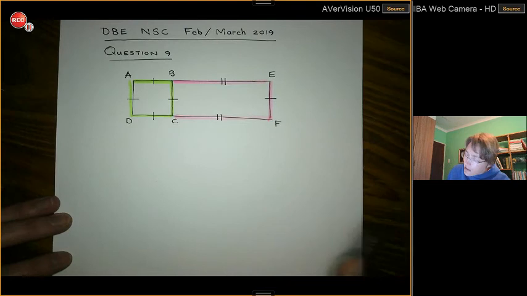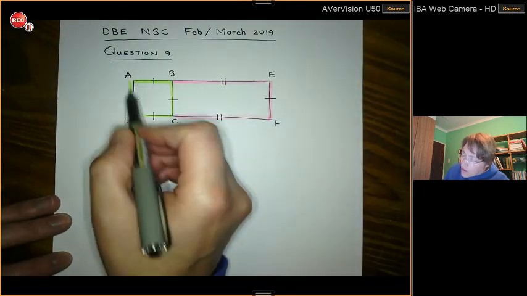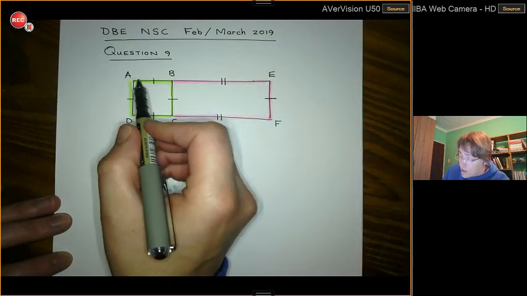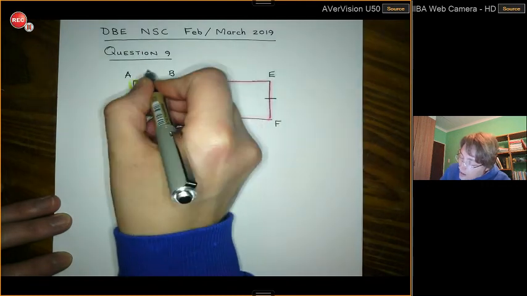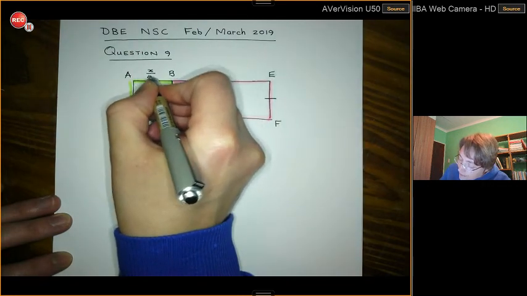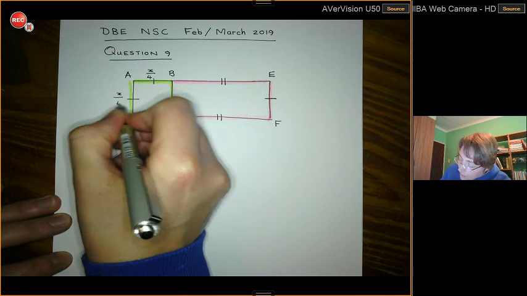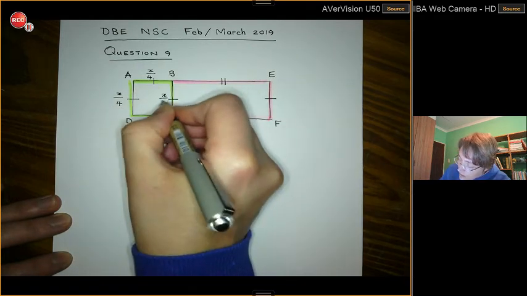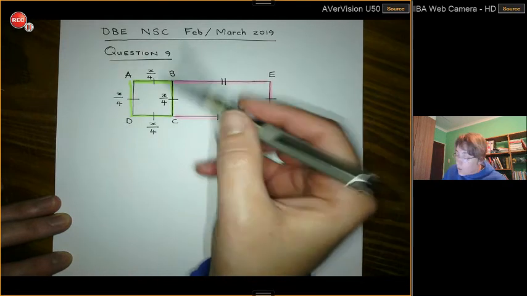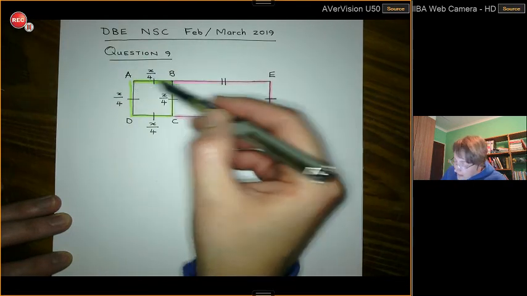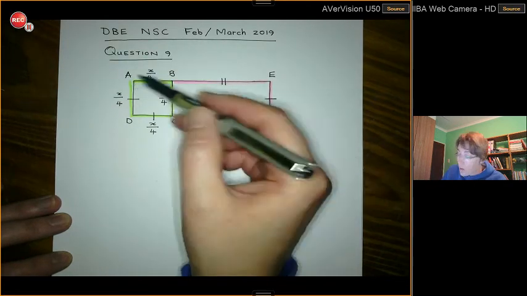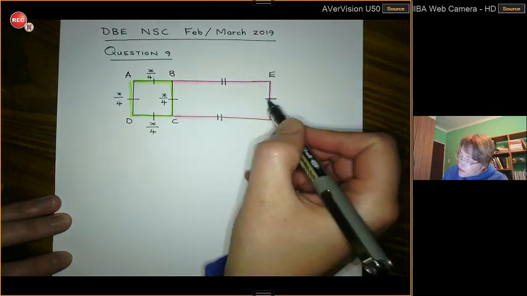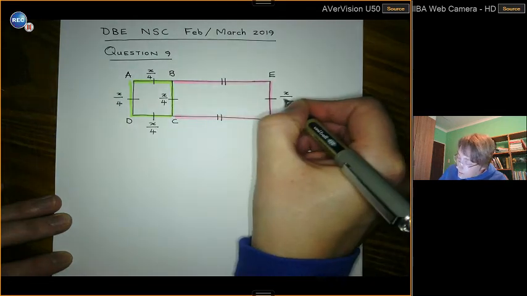Then obviously, because the entire perimeter over there is equal to x meters, I can say this is x over 4, this is x over 4, this is x over 4, and this one is x over 4. Because obviously we are bending it in such a way that it's forming a square where all 4 sides are equal, which means this side is then also equal to x over 4.